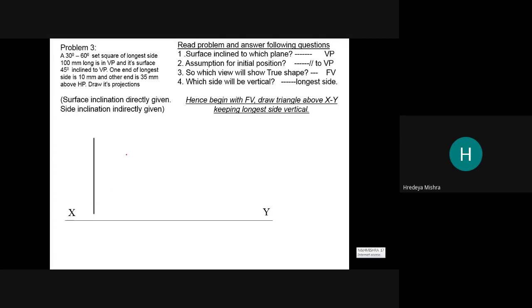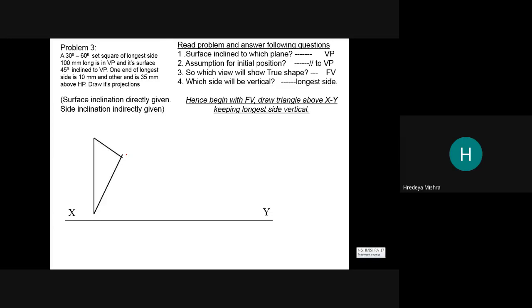In this question there is no side inclination, so there is no need to draw the third step, because only plane inclination is given. So we just begin.